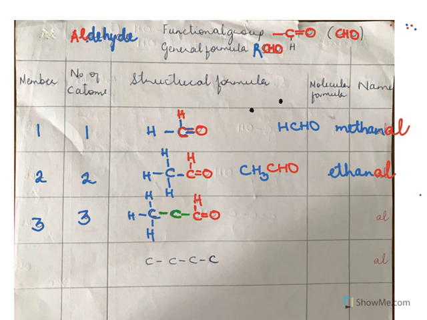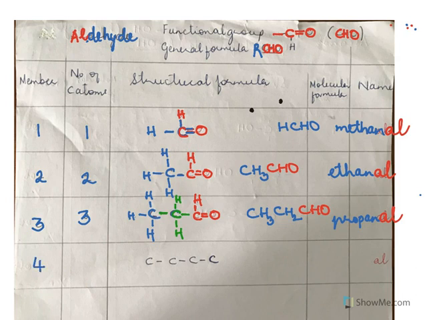So 1, 2, 3, 4. The formula for this, 3 carbons. So first carbon with CH3, the second carbon CH2, and the third carbon is a functional CHO. 3 carbons, so propane. You remove the E, and because it is an aldehyde, CHO group, propanal, Al.